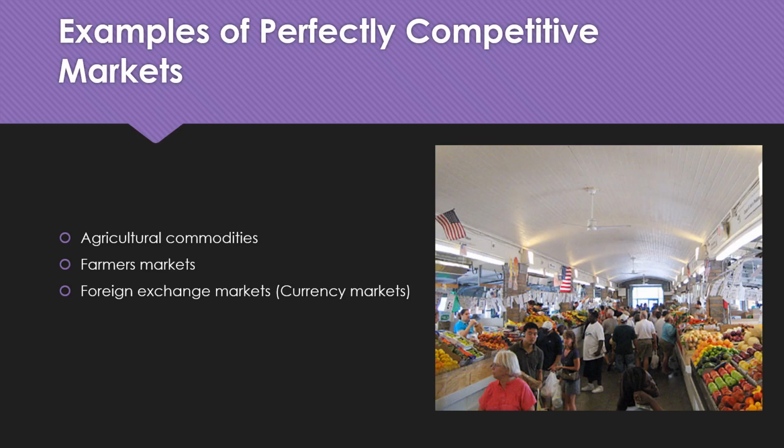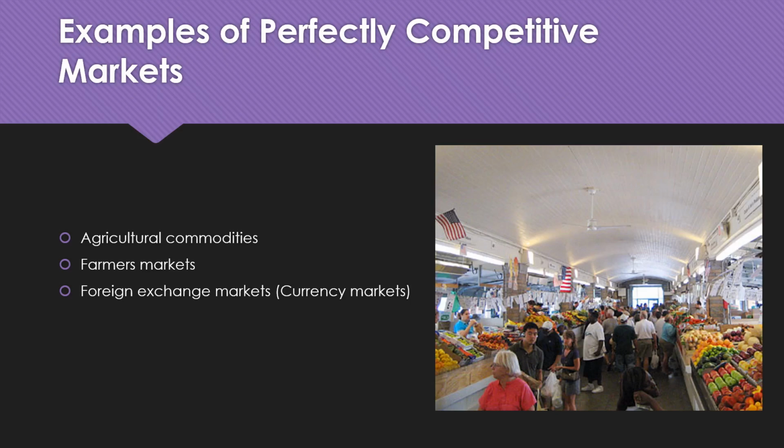Lots of people consume it. And because of all those forces together, combined with the fact that it's almost indistinguishable when you throw a bunch of grain into an elevator from different farms, it's hard to distinguish between one grain of wheat and another. Effectively it renders the firm incapable of dictating a price for it.